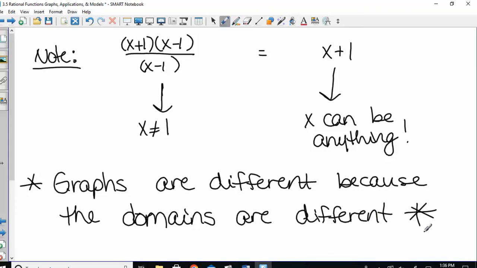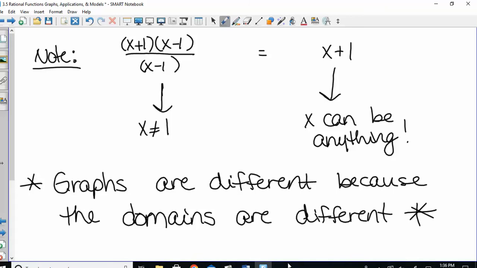Our graph is always going to be based off the original, not what you would get if you simplify it. It's a very minor difference. We will talk more about it later, but all it is going to be is an open circle on our graph. So it's basically going to be a line with a hole in it. But there is that difference. So just keep in mind, if I'm asking you for the domain on one of these, I want it based off the original function.